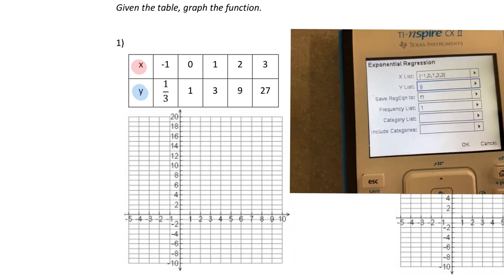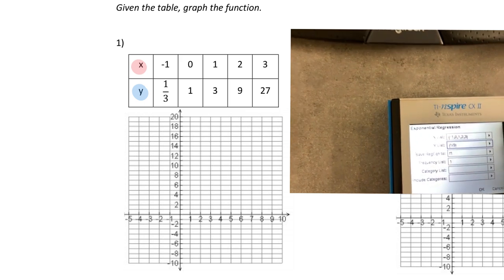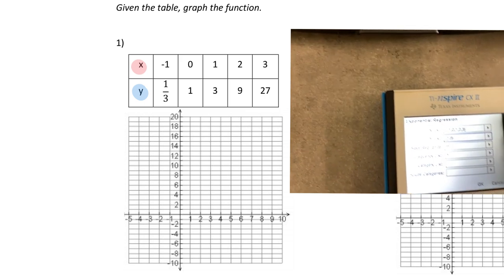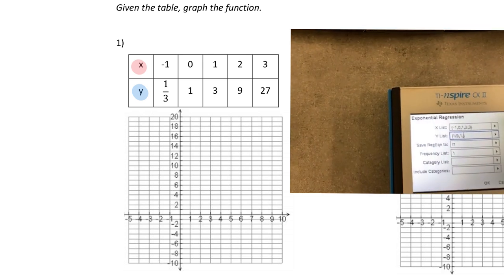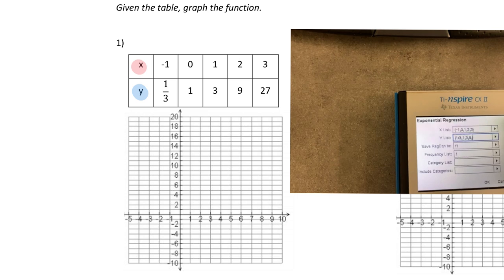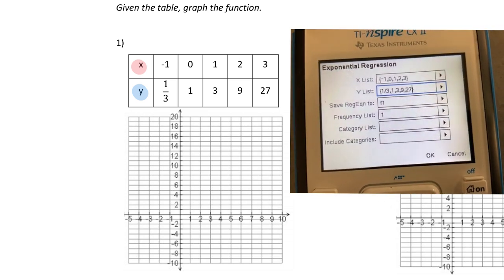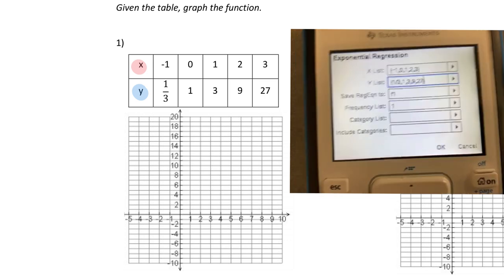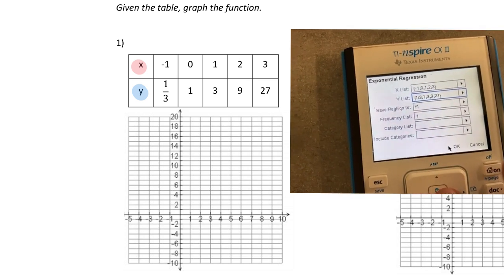The Y values are 1 divided by 3, 1, 3, 9, 27. Just like that. Make sure everything matches. Looks good. So I'm going to run my cursor down here and click OK.